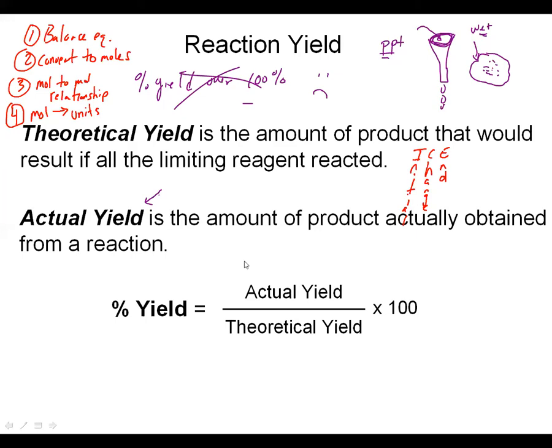In a textbook type problem, that number is usually given to you. Somewhere they will tell you, hey, you produce this much of this product, and that would be your actual yield. The theoretical yield is typically the one that you have to calculate from the equation, and that could be a basic stoichiometry problem or a limiting reagent stoichiometry problem, but some way you need to calculate that.